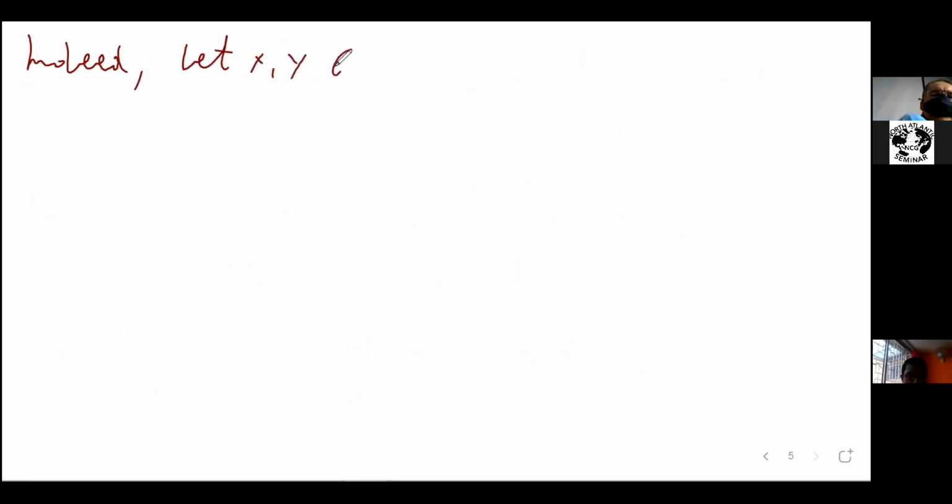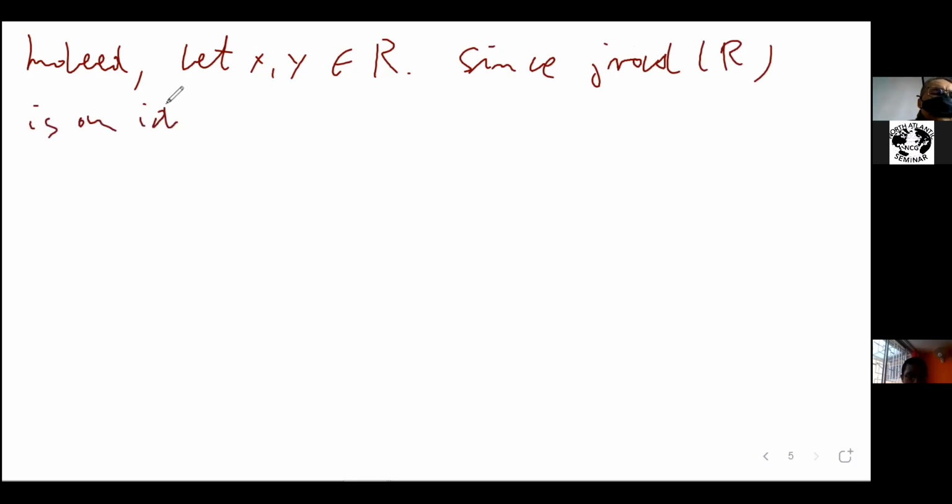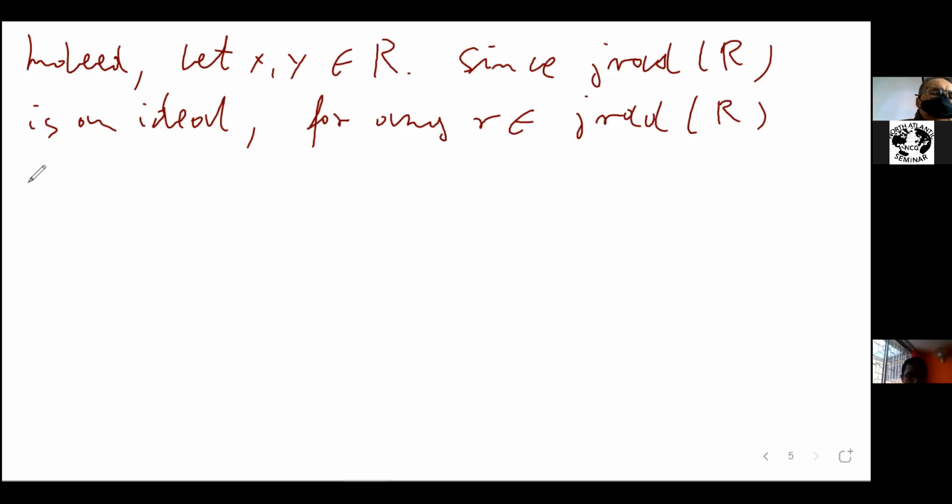Let x, y be arbitrary elements of our unital ring R. Now, since the Jacobson radical is an ideal, it's not a completely obvious fact, but it's going to be proven, we can conclude that for any r in the radical, xr is also in the radical. Right?